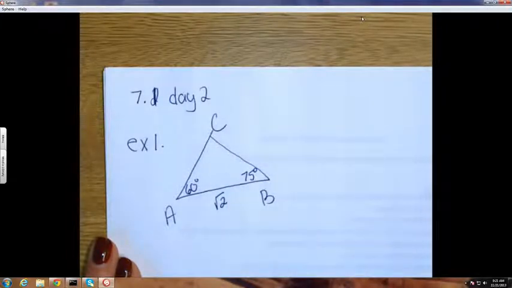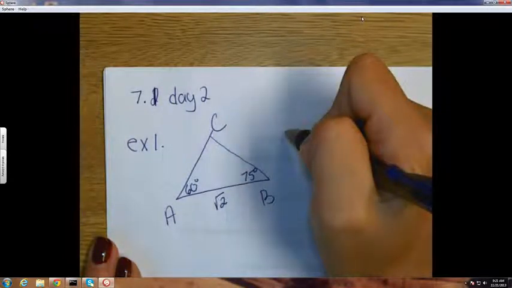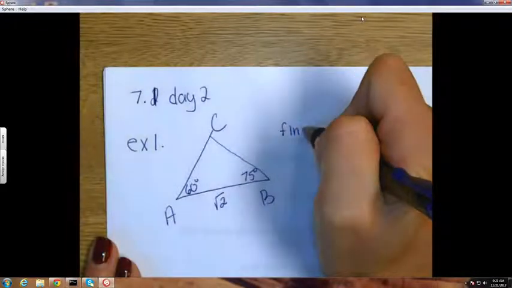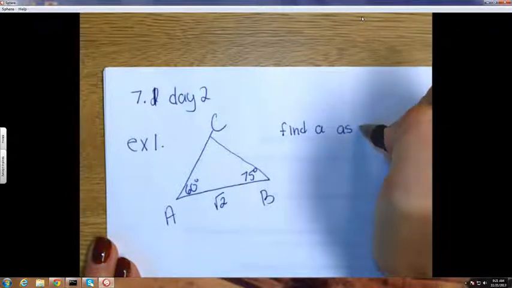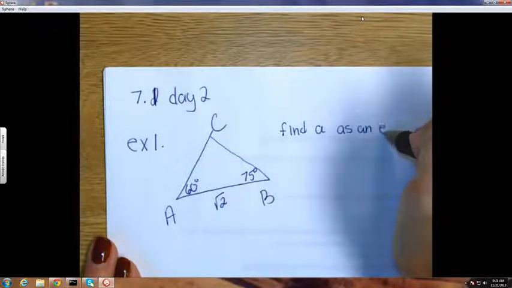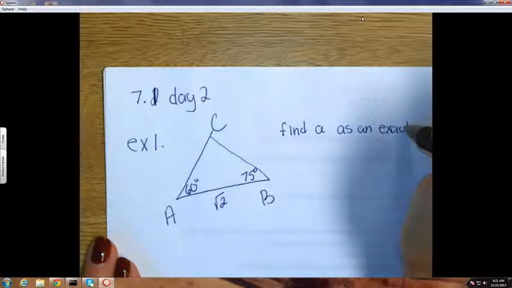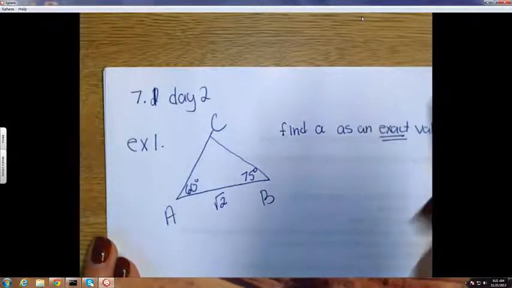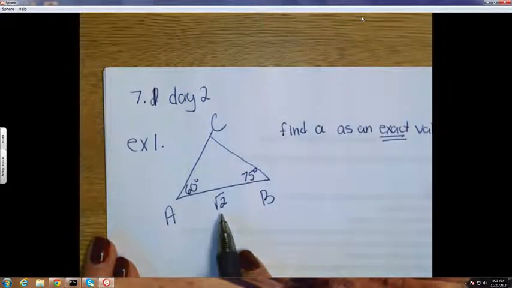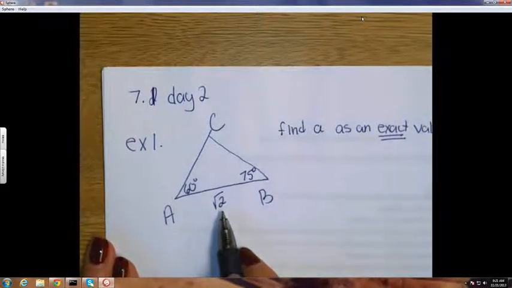All I want you to be able to do is find little a as an exact value. See how they gave me this side length as square root of 2? That's an exact value. They didn't give me decimals. I want little a as an exact value.